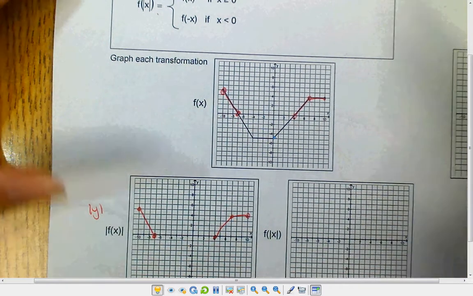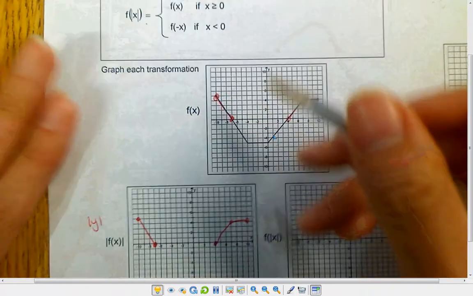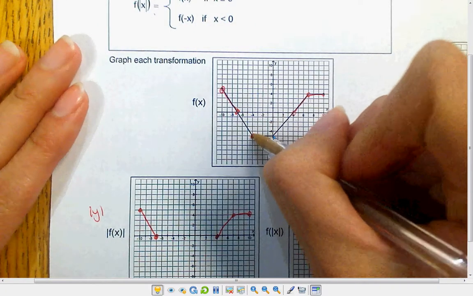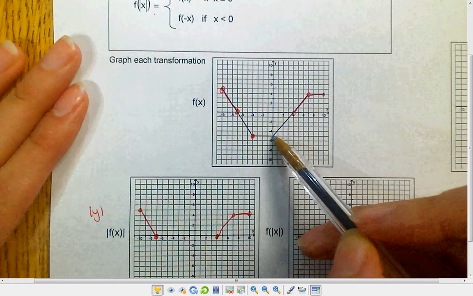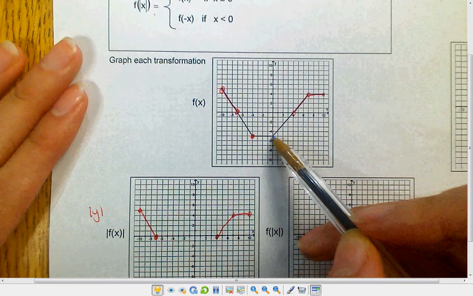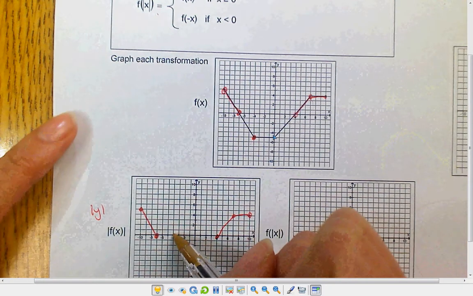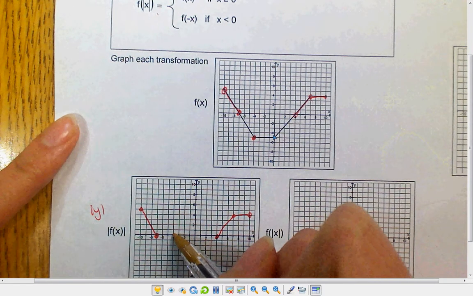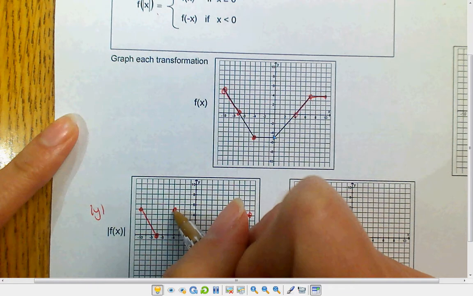Now what I want to do is make my negative y values positive. So let's take our important point right here. Before this was at negative 4, negative 5. If I change my y value so that it's positive, it's still going to stay at an x value of negative 4, but now my positive 5 is going to go up here.